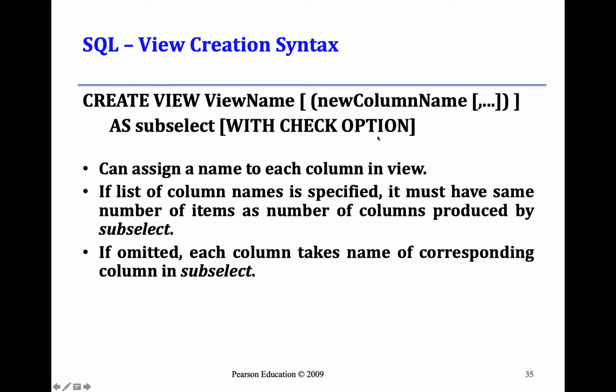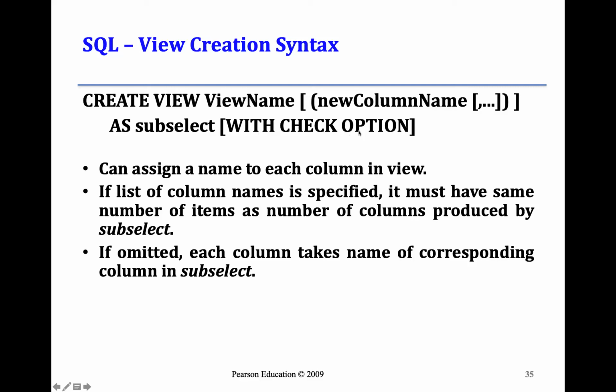What the with check option says is we cannot add, delete, or modify a row in a view if it would violate the defining query. So for example, if we have a view that lists all properties that rent for more than $400, and we try to insert into that view a property that's only $300, if we do not have the with check option, it will be actually permitted.